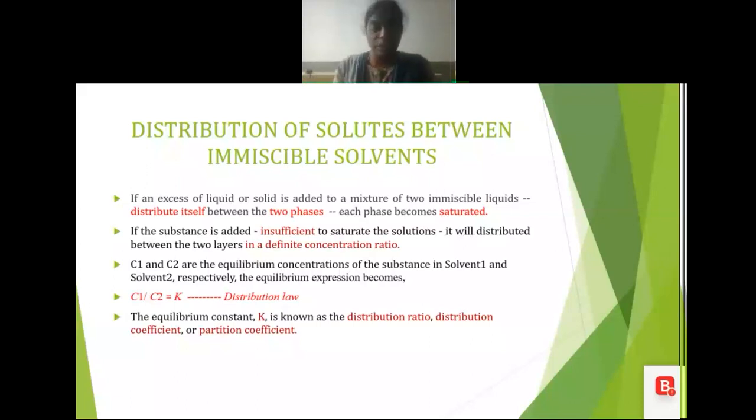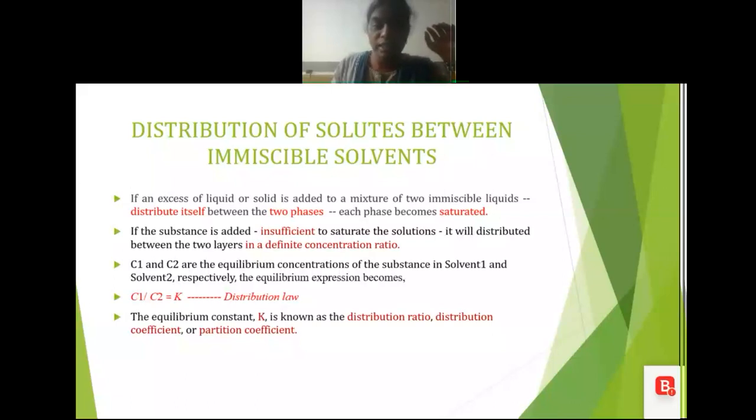The constant K is the equilibrium constant, that is the distribution ratio or distribution coefficient, also called the partition coefficient. The constant obtained by taking the ratio of the concentration of the substance in the organic liquid and the concentration of the substance in the aqueous liquid is the partition coefficient.